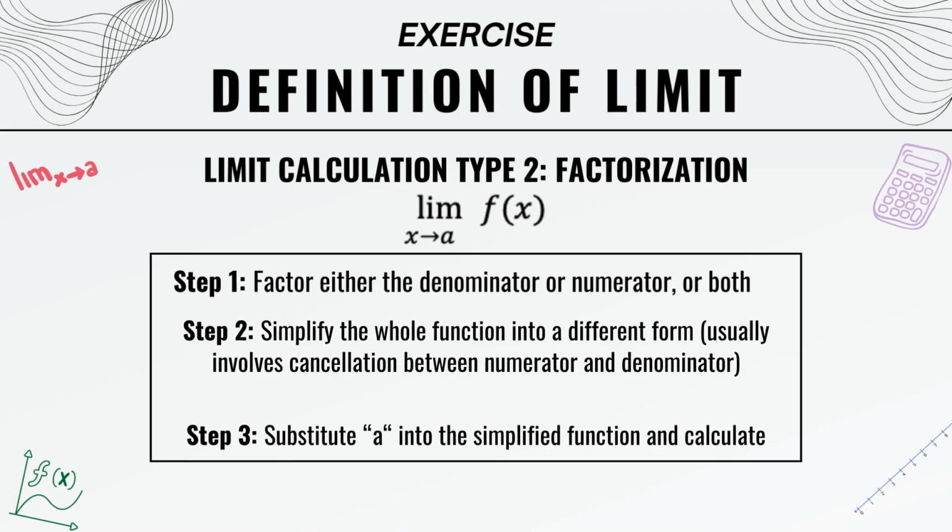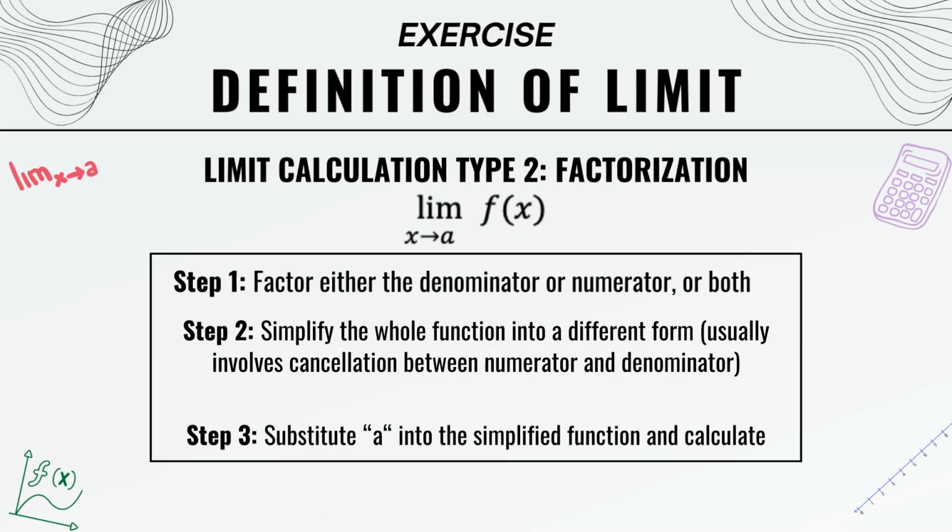There are 7 indeterminate forms in total: 0 over 0, 0 times infinity, infinity over infinity, infinity minus infinity, infinity to the power of 0, 0 to the power of 0, and finally 1 to the power of infinity. However, you will most likely just encounter 0 over 0 in calculus 12.